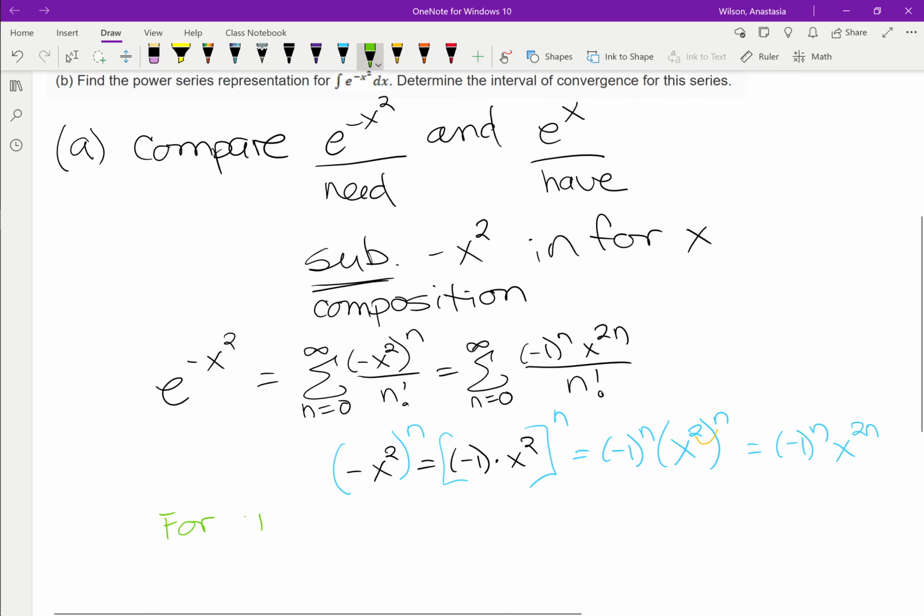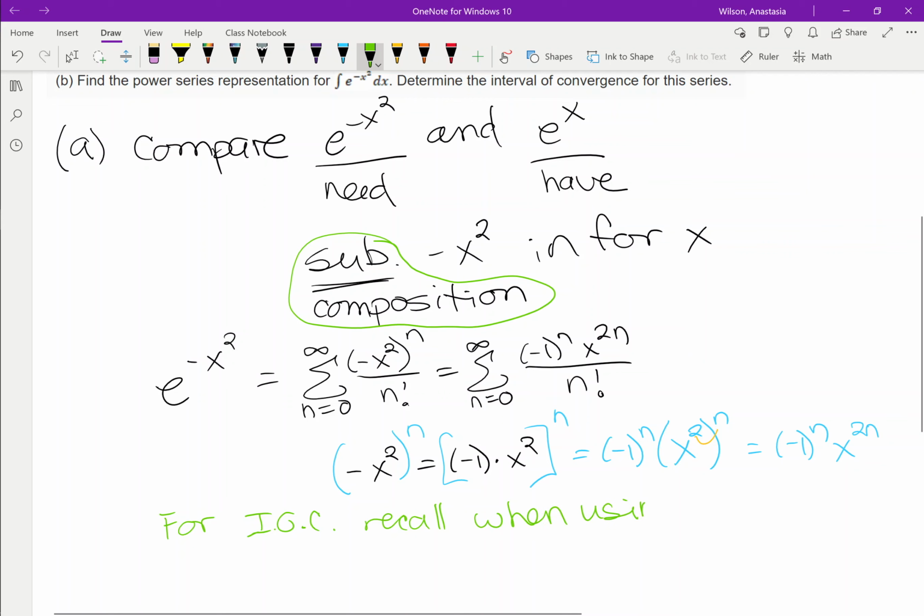For the interval of convergence, I am going to recall some of the information that we talked about when we first saw substitution or composition with power series in section 8.6.